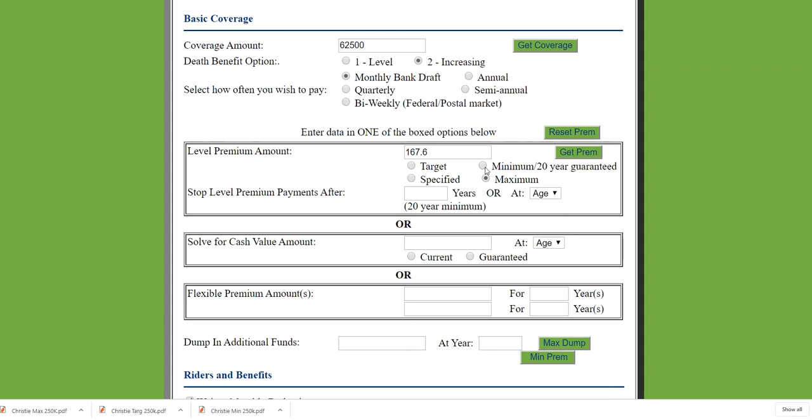Anytime the customer can change this monthly premium. That is why we call it a flexible premium policy. But the customer can specify between the minimum and the maximum, whatever the customer chooses. Example, I can put specify right here and go to $80, and then I click get premium.